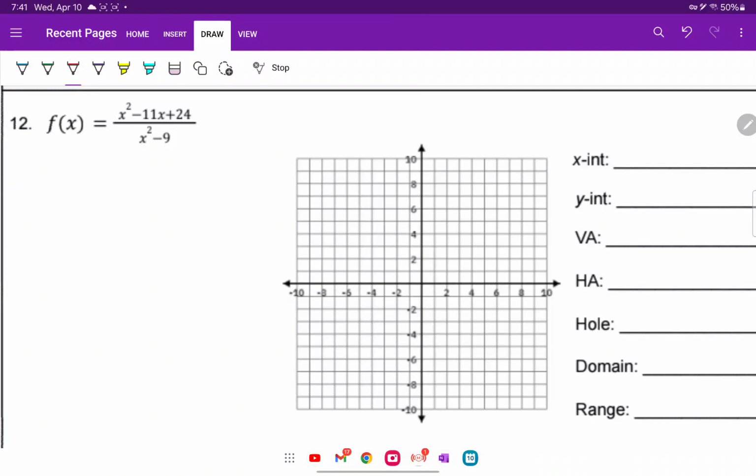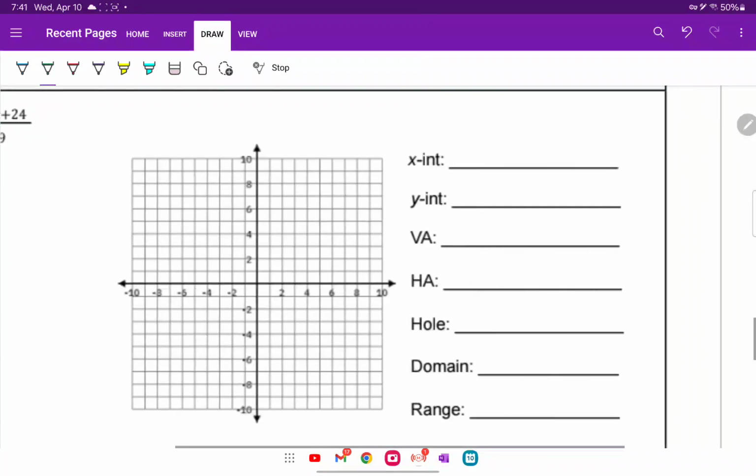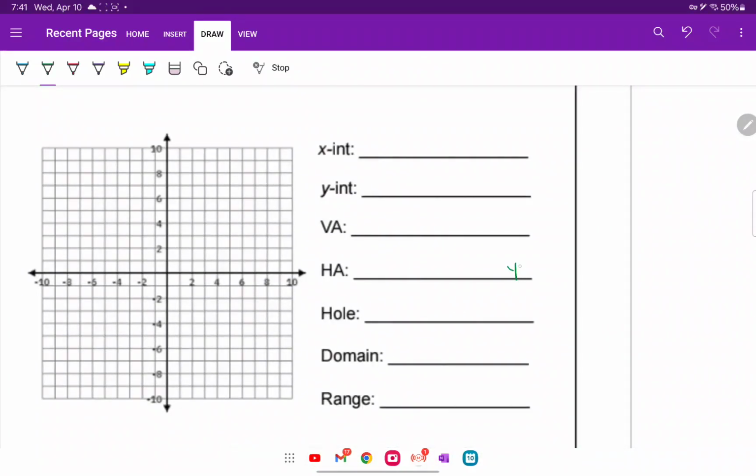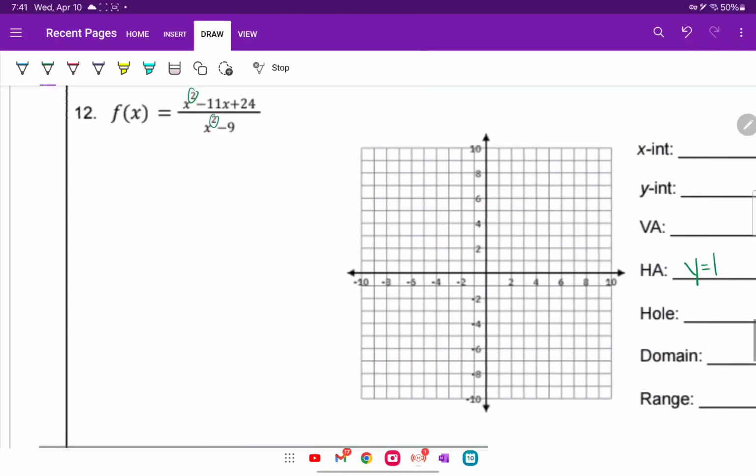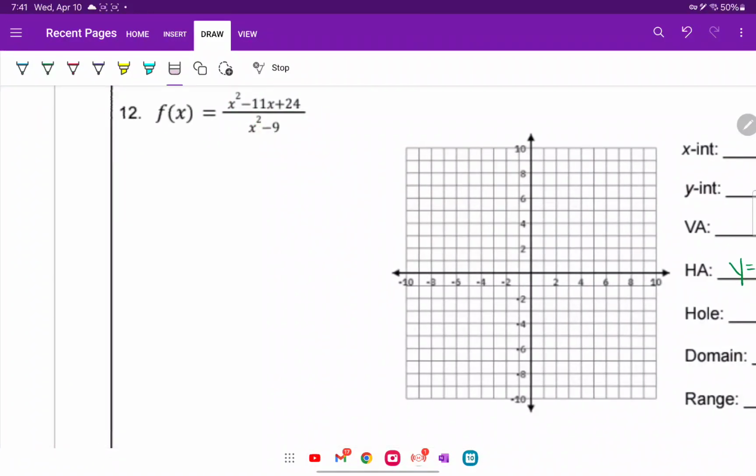All right, number 12, same thing. Here, if you'll notice, the degree on the top and the bottom are the same. So we're going to go ahead and divide them over here. So y equals x squared divided by x squared, which is 1. So there is your horizontal asymptote. Now for the rest, we're just going to simplify this.